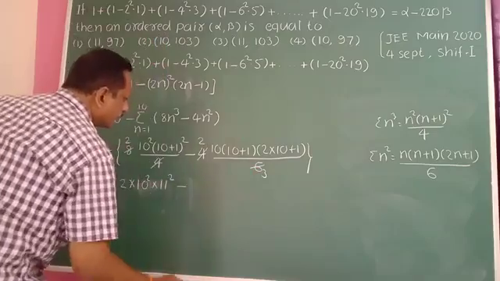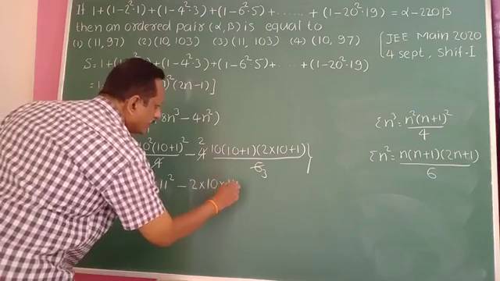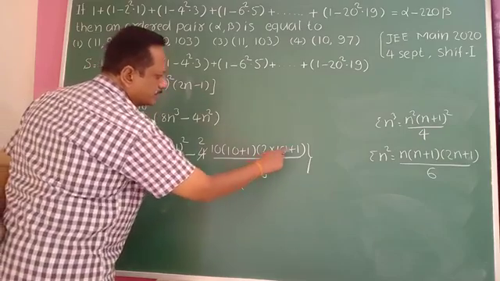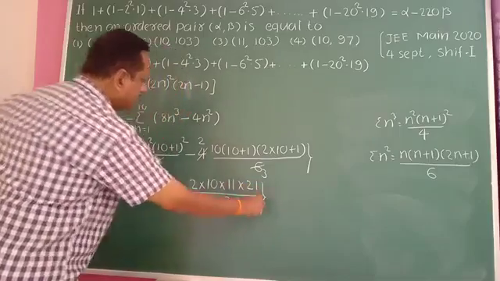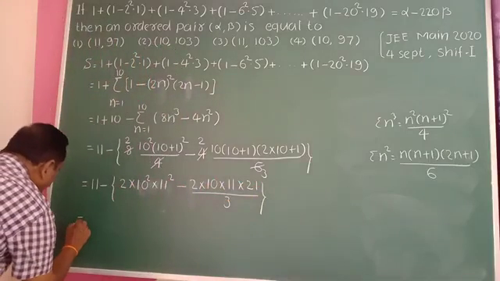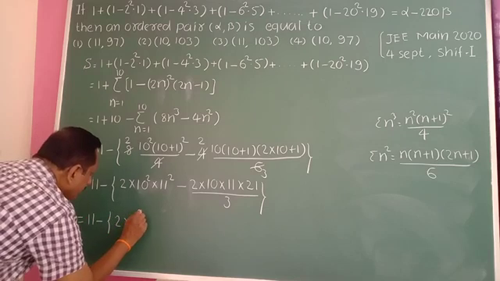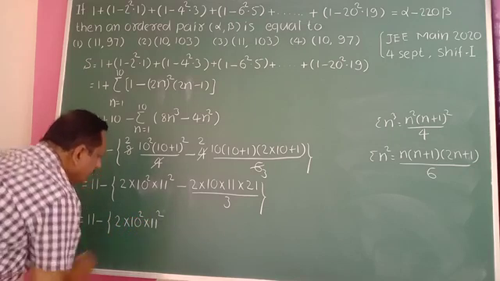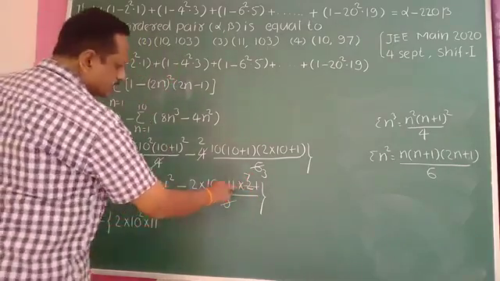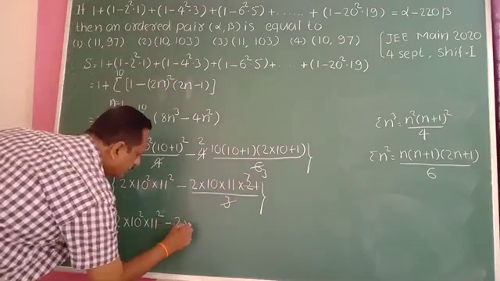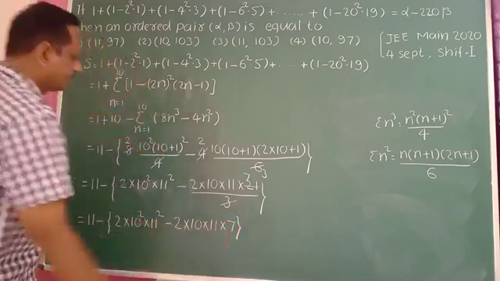Therefore 2 into 10 into 11, 10 twos are 20 plus 1 is 21, divided by 3. Therefore this is equal to 11 minus of 2 into 10 square into 11 square. Then 3 ones are 3, 3 sevens are 21, cancels here. So minus of 2 into 10 into 11 into 7.